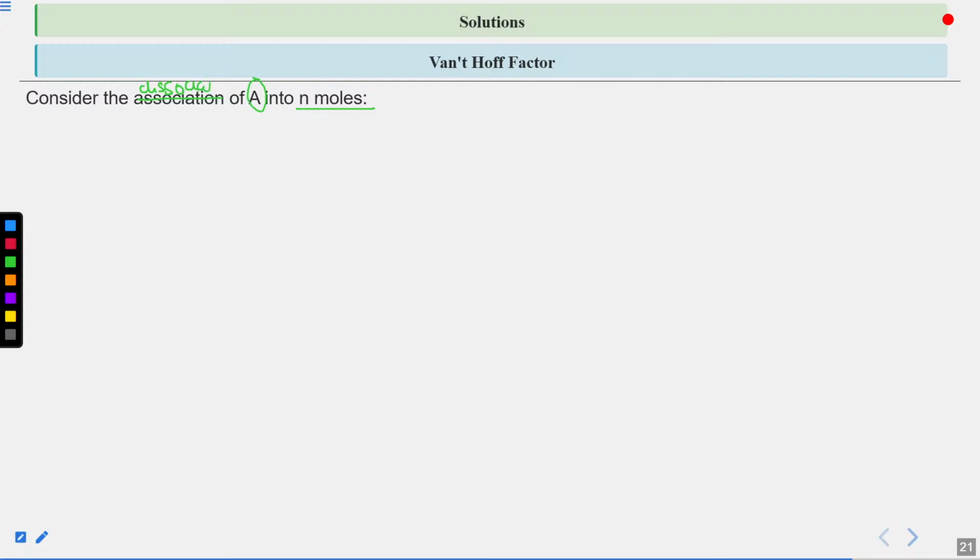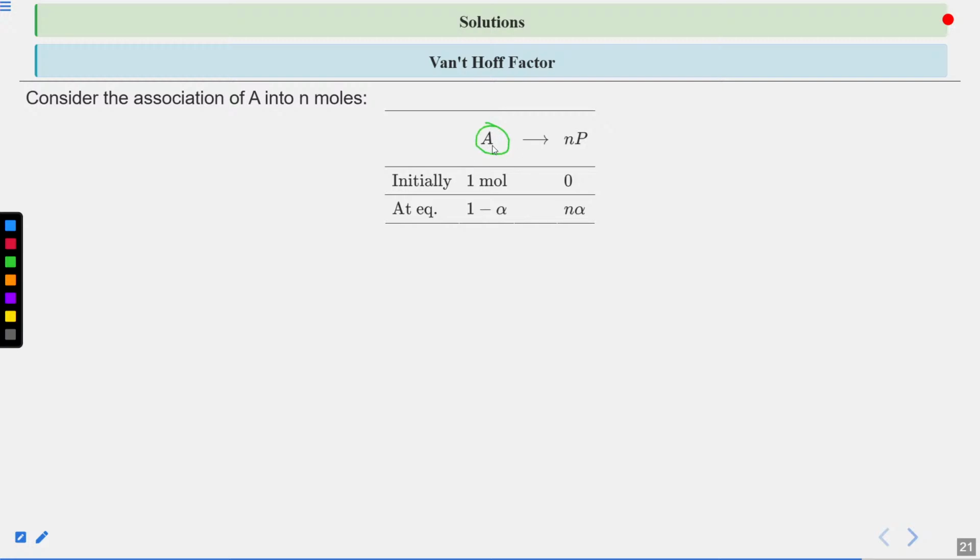So this is dissociation. Then what will happen? One particle is initially there, but after this dissociation, alpha particles will be removed and n alpha will be formed. As one particle is getting dissociated into n, therefore alpha will be dissociating into n alpha.